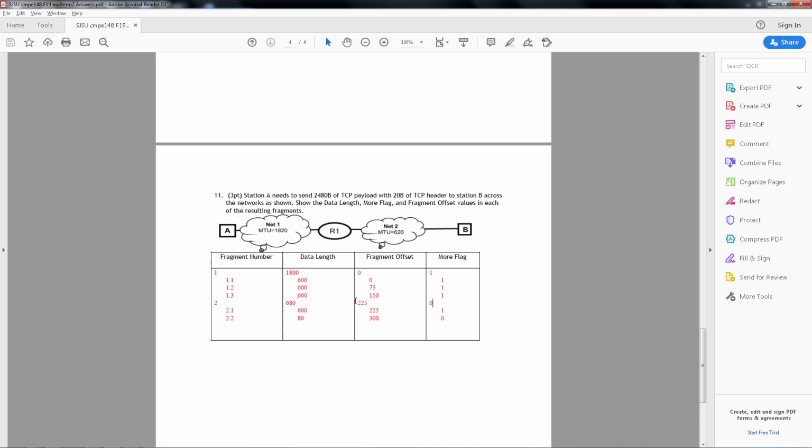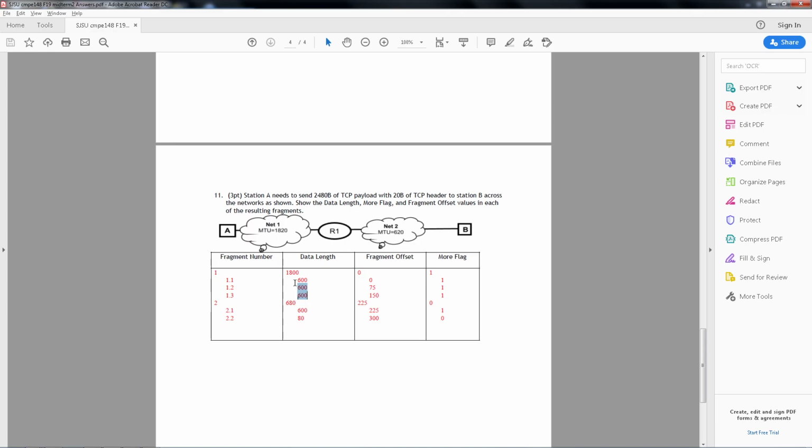Now we hit the second MTU, this interface. Now we need to cut this down, our first fragment, because we have a payload of 1800 and we have a total length of 1820. So to get to this split, well, because we know that 1800 is just divided by 3, or you just need to multiply 600 by 3 to get to 1800.